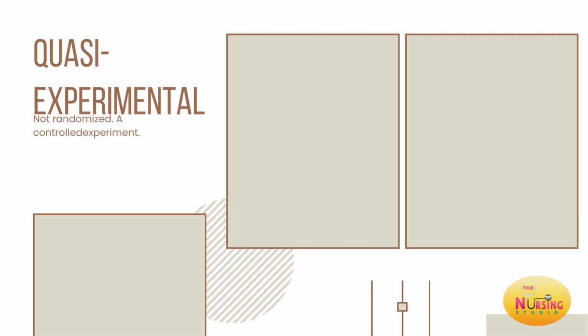So yes, it's controlled because we are experimenting and we are looking to see, if I give you this medicine, what is the effect? Cause and effect, right? Whereas with experimental, it's a true experiment because it's at random. And then you see what the effect is randomly. Whereas with this one, you're controlled and say, hey, if we do X, then this happens. You know what I mean? So I hope that makes sense.